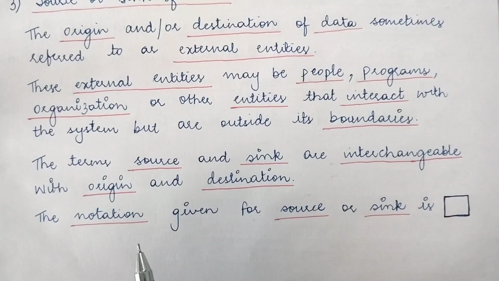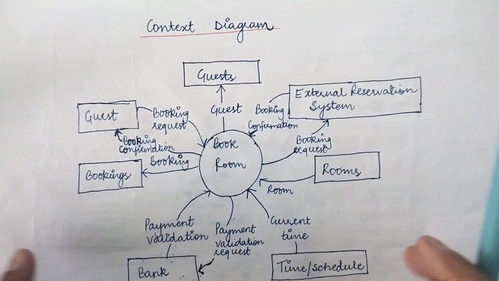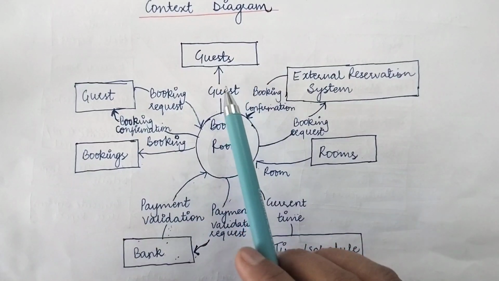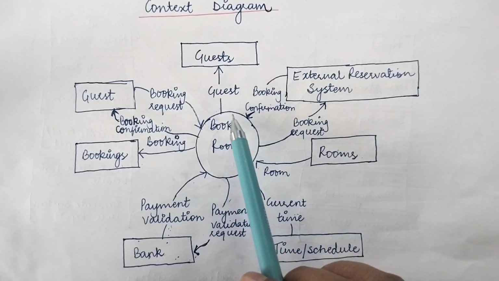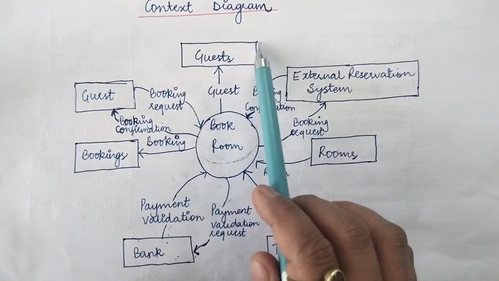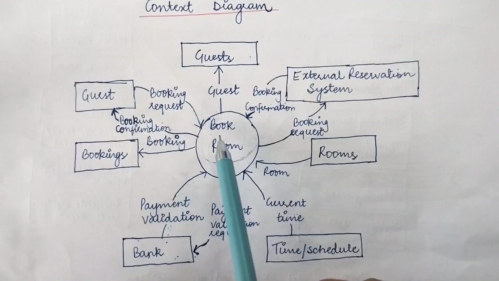So what is the notation for the source and sink of data? The notation for the source or sink of data, also known as entities or external entities, is this rectangular box. Like here in the context diagram, these are all sources or sinks of data. You can see these directed arrows representing the flow of data. From this process, the data from this particular system goes to this particular sink, or it is coming from a particular source here.